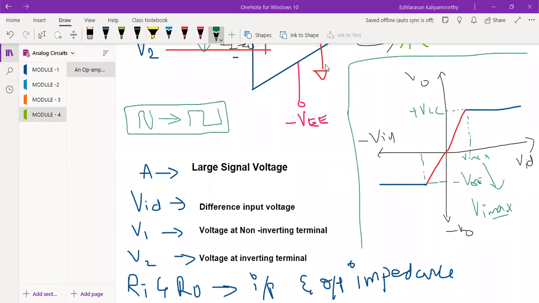Those things only we are going to study, in the sense of voltage series feedback and voltage shunt feedback. The next class we'll study how it has to be done.